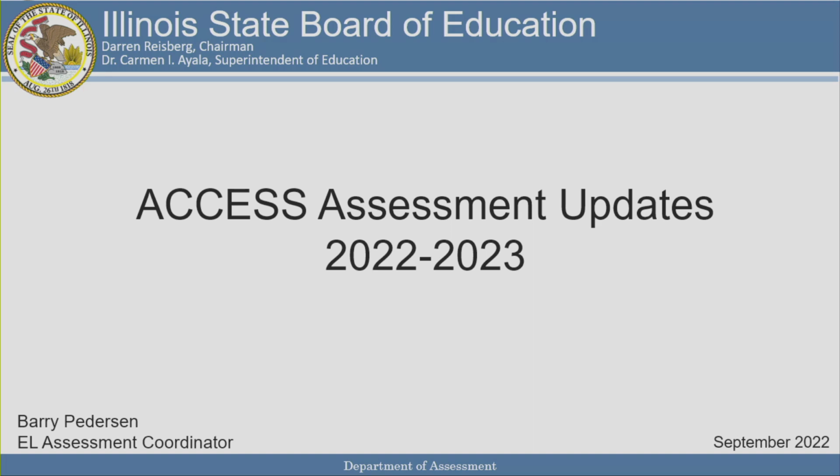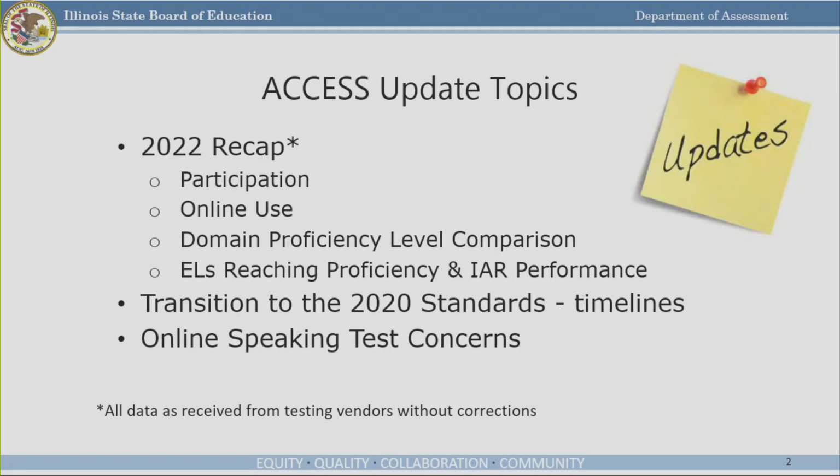I'm going to be talking today about ACCESS updates, as it says. I have a variety of topics that I would like to share with you. First, I'm going to do a recap of 2022, and I think it paints a picture of rebounding educational efforts after the 2021 pandemic problems we had.